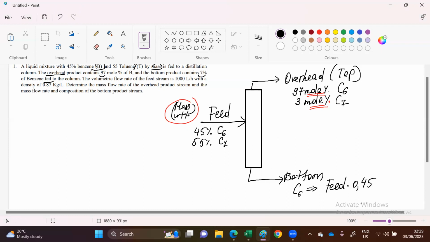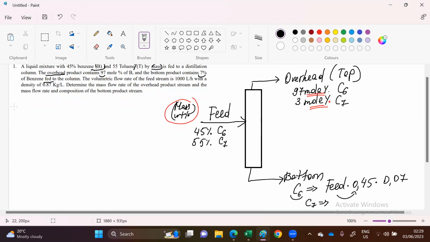As you know, this is the composition of the benzene in the total feed. And multiplied by, in the question, 0.07. It means 7% of the benzene in the feed will be in our bottom product, and the remaining will be toluene, right? And we'll do some calculations. So we are done with the second sentence as well.